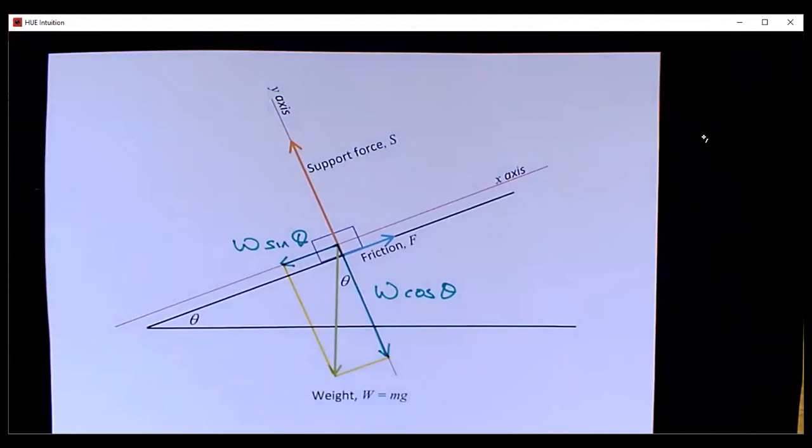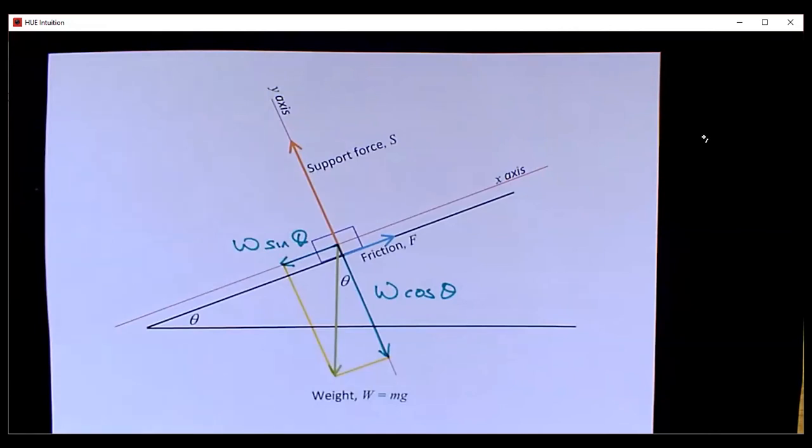So now we're in a position to actually write down the relationships which we will need to solve a problem. We'll consider two directions. We'll do the analysis along the x-axis, and we'll do the analysis along the y-axis. Since the object is at rest, the forces along the x-axis must be balanced, and the forces along the y-axis must be balanced.